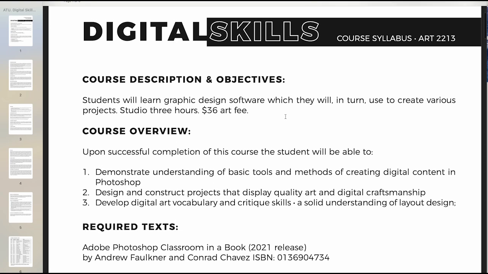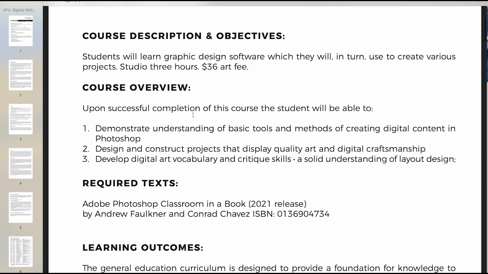Like I said, in this course you're going to learn some graphic design software, mainly Photoshop. And you'll learn how to make various projects and all sorts of good stuff like that. This is counting for 3 studio hours. Once you're done with this course, you should be able to understand the basic tools of Photoshop and be able to create digital content in there.